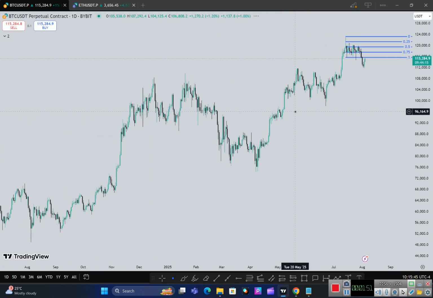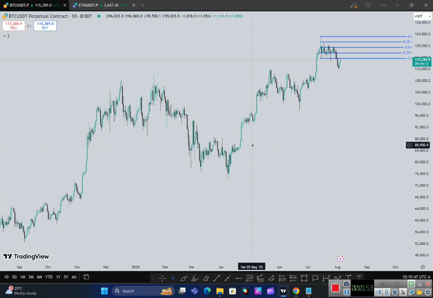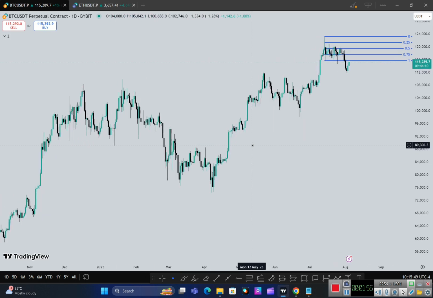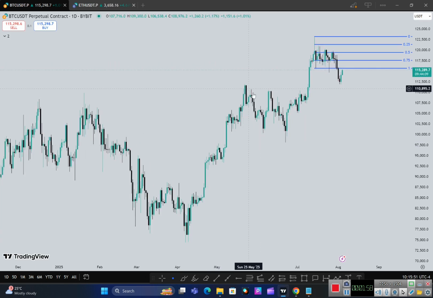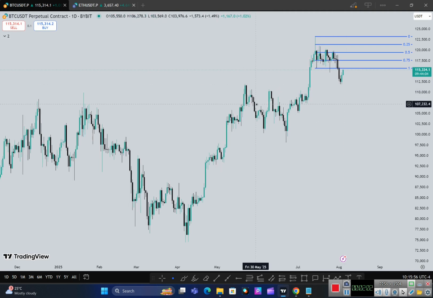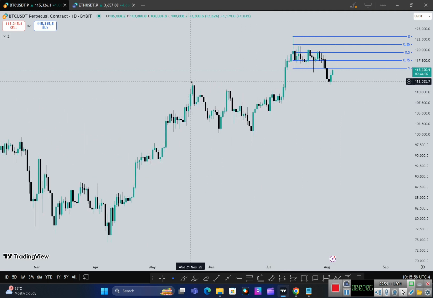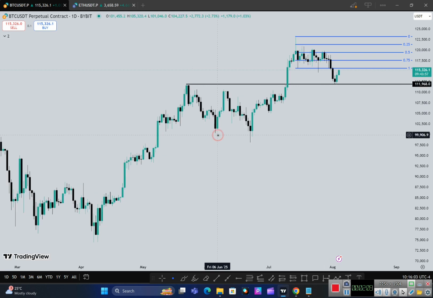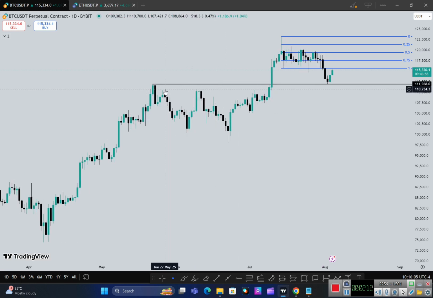As you can see, overall Bitcoin is in a bullish trend, and the first is our flip: the level that was resistance before is now acting as a support level. So we can mark this as an area of value. Also, this is another flip level, and we can mark this as well.